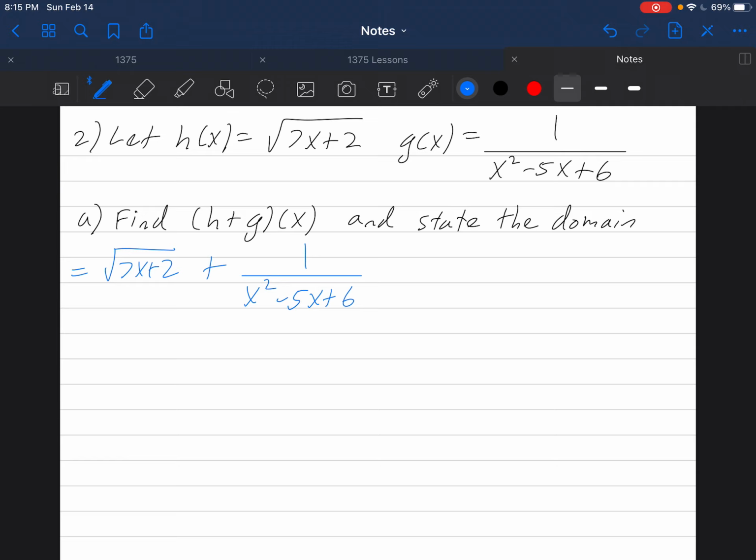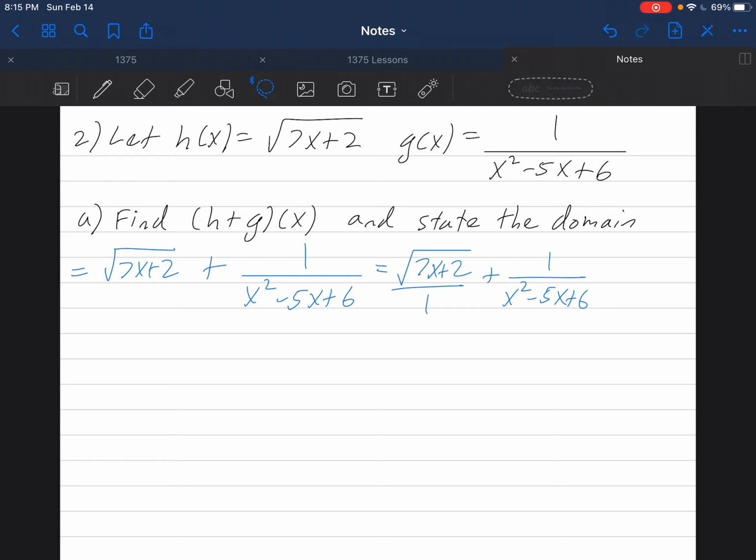Now we are adding rational expressions together, which means we're going to have 7x plus 2, the square root of that, over 1, plus 1 over x squared minus 5x plus 6.